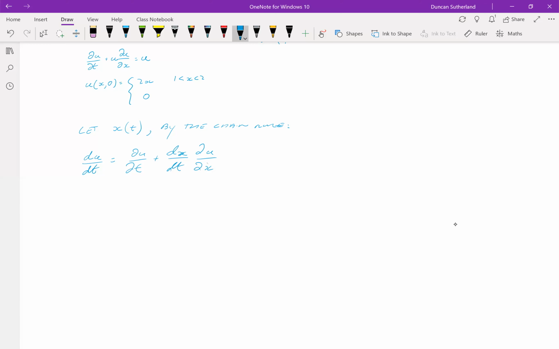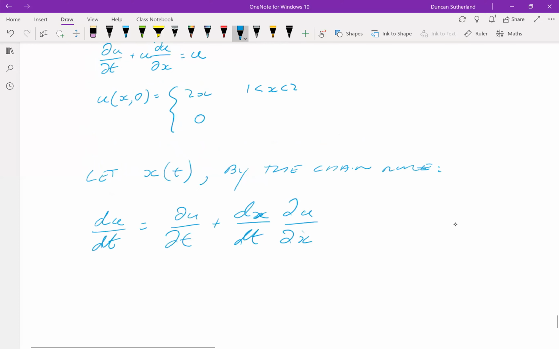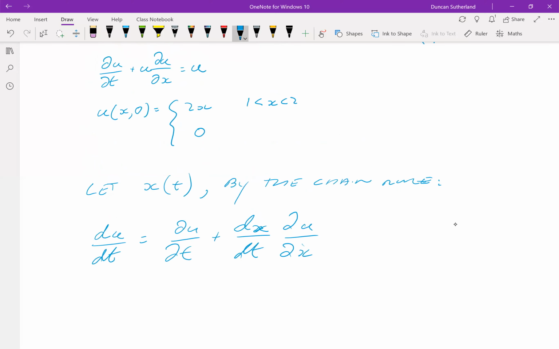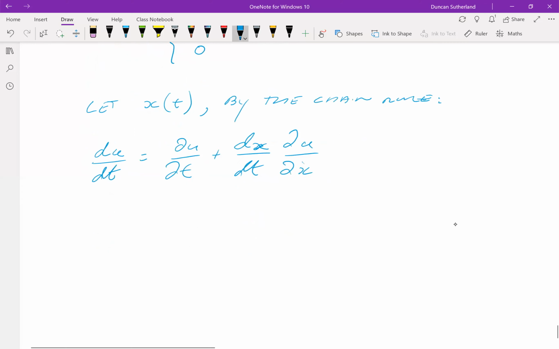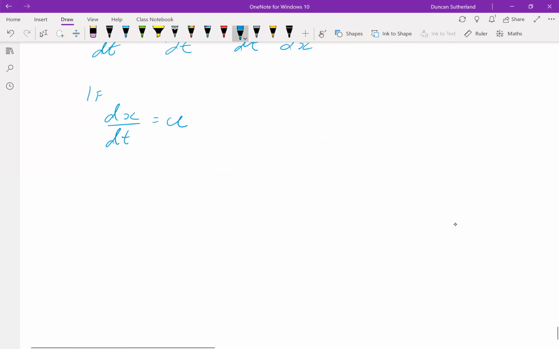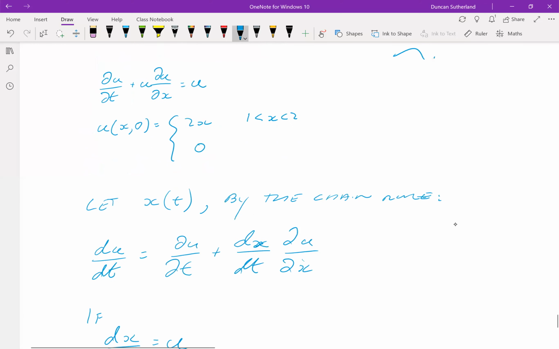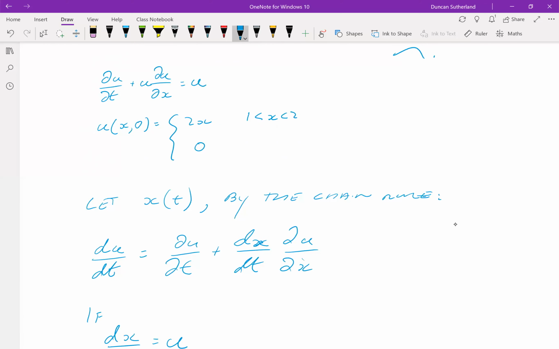So we compare with our initial PDE, and we deduce that if dx/dt is equal to u, this defines a characteristic, du/dt equals u. Right, that's what we would get out of this, right? This equals this, right? So those two things are equal.